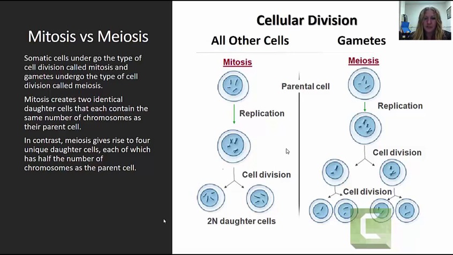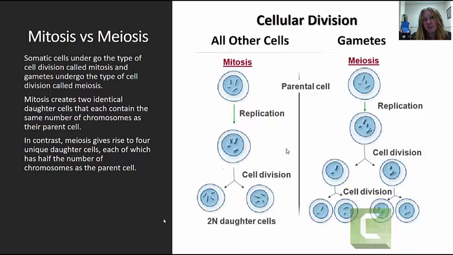So, let's just look very quickly at the differences between mitosis and meiosis. Somatic cells, or body cells, undergo the type of cell division called mitosis, and gametes undergo meiosis. Mitosis creates, from one parent cell, two identical clones, which are genetically identical to each other and genetically identical to the parent cell, so you go from one cell to two daughter cells.